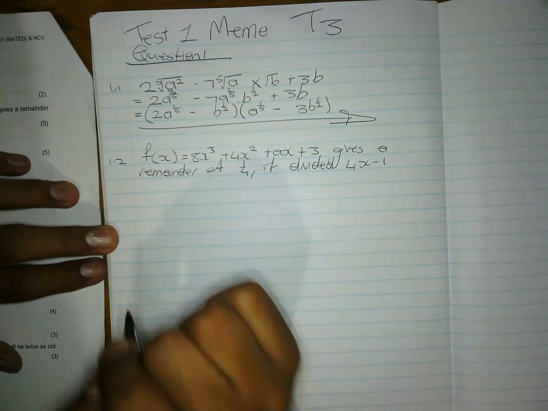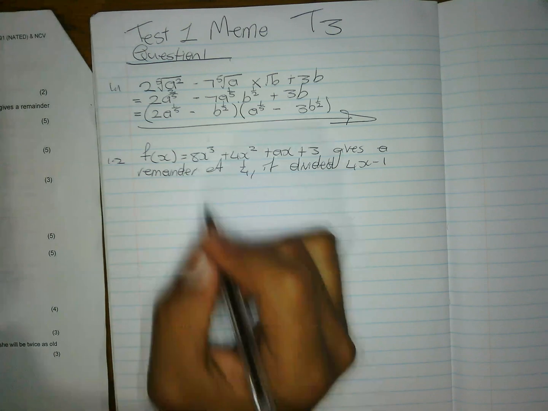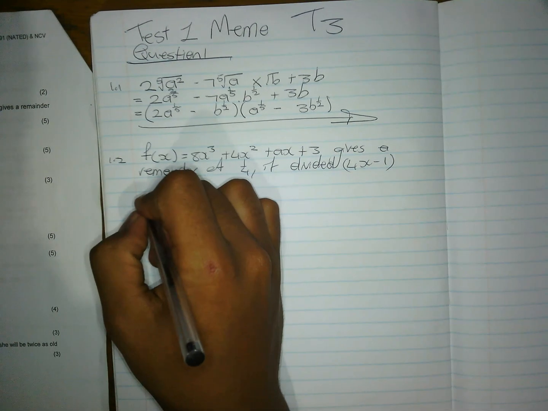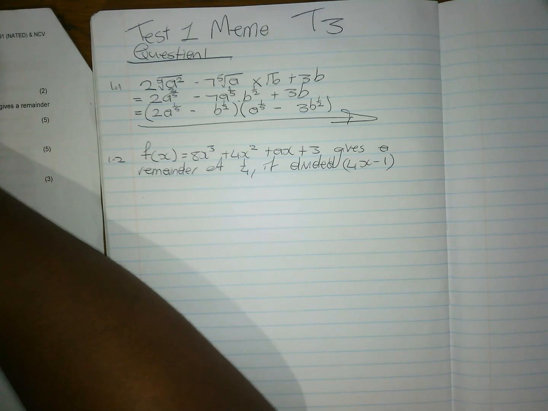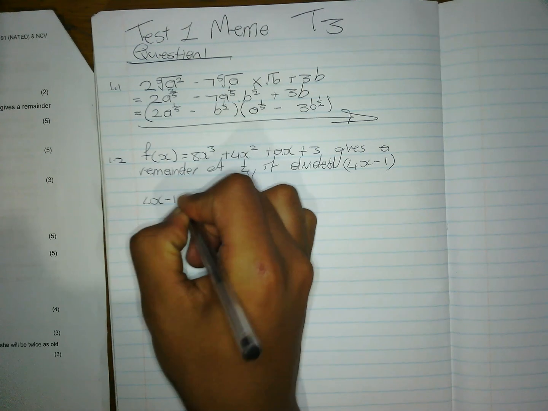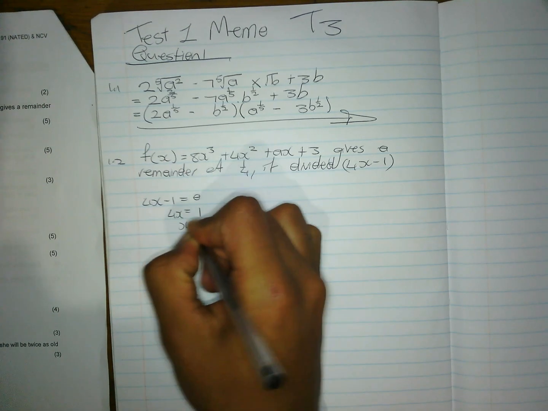So, what's the first step we do? We say, this is normally our factor. Someone is wanting to join. So what we're going to do is we're going to say 4x minus 1 equal to 0. Take that 1 over. We have 4x, x equals to 1 over 4.